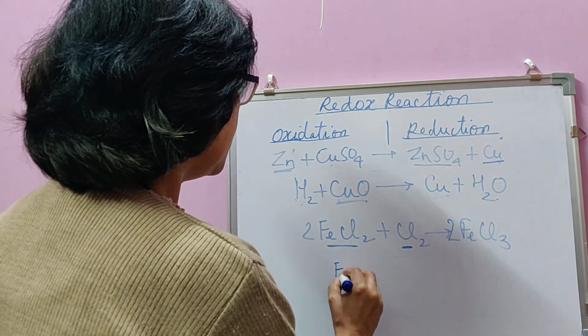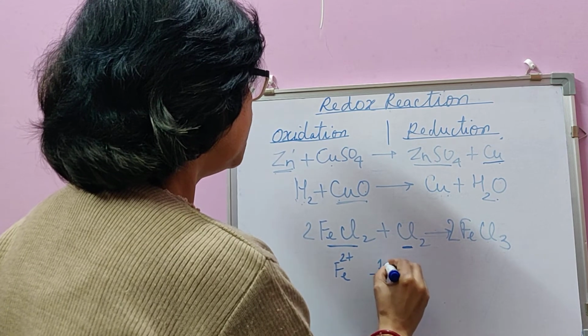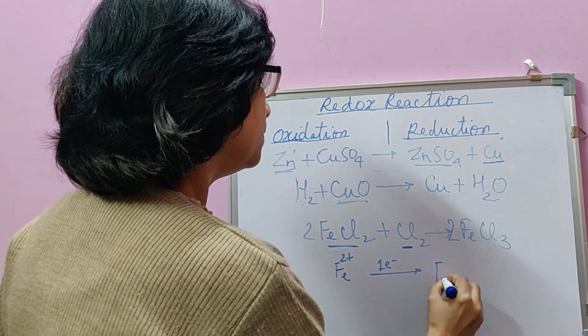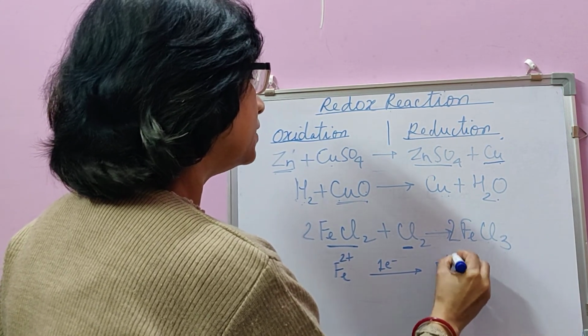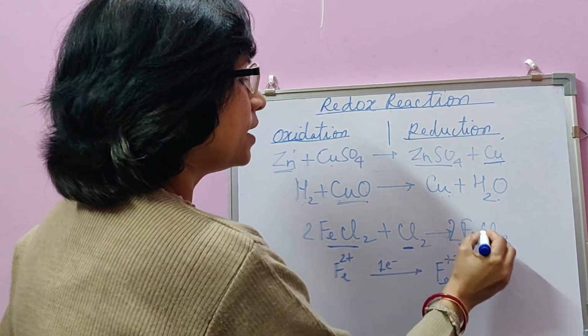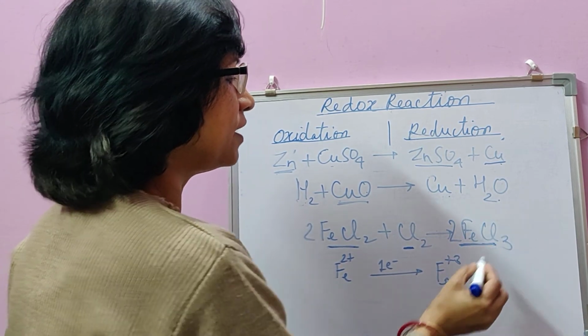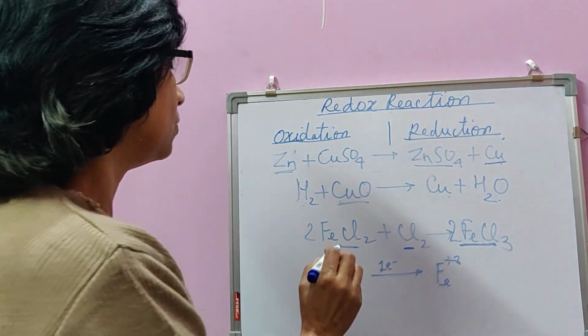See, iron is Fe plus 2 over here. It gives one electron to become Fe plus 3 in ferric chloride. I hope now you understand that iron is ferric in this compound, so it is Fe plus 3. That is why this is ferric chloride and this is ferrous chloride.